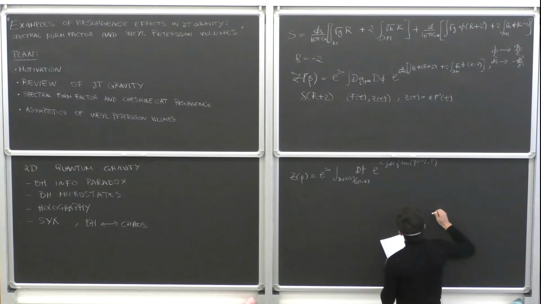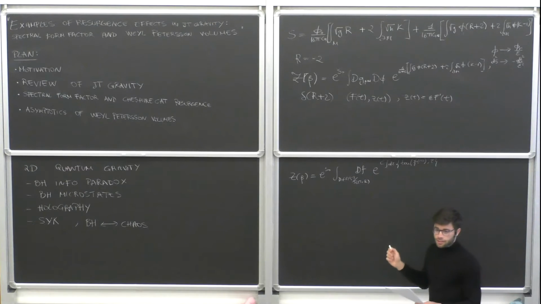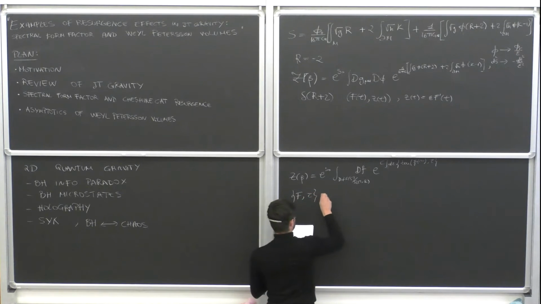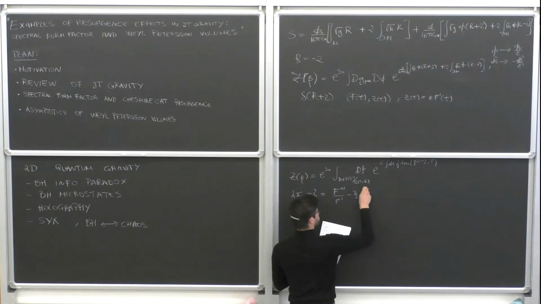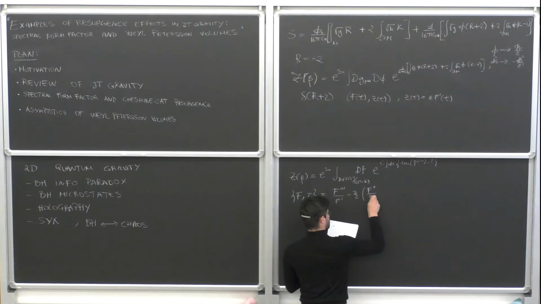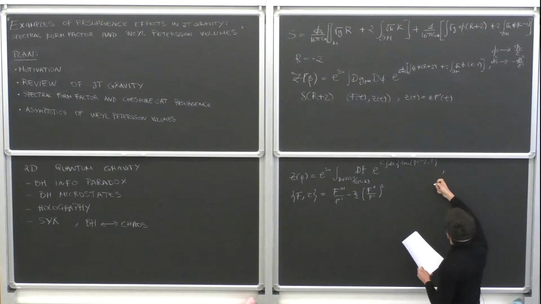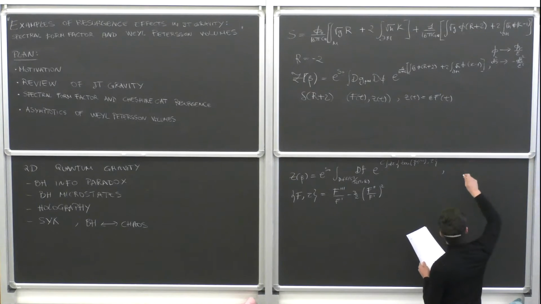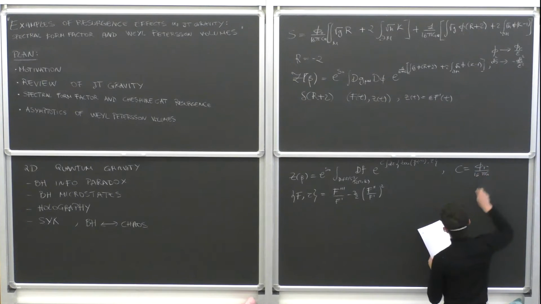So these that I'm denoting with these brackets are the Schwarzschild derivative, meaning that the Schwarzschild derivative of f of tau is expressed as the third derivative of f over the first derivative of f minus 3 over 2 f double prime over f prime squared. And where c is just a constant that emerges from the boundary term and is related to the renormalized dilaton in this way, 16 pi over g. Okay, great.